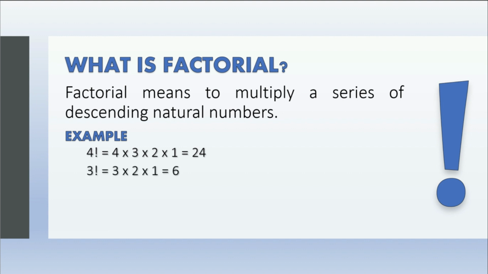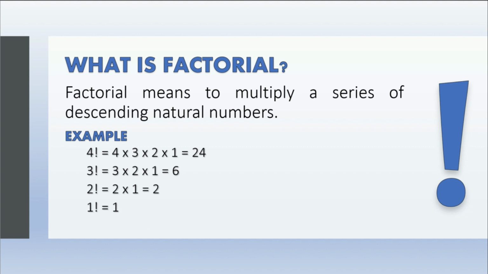Another example is 3 factorial. We have 3 times 2 times 1, which is equal to 6. And for 2 factorial, we have 2 times 1, which is equal to 2. And for 1 factorial, we have 1, since it is the last number.